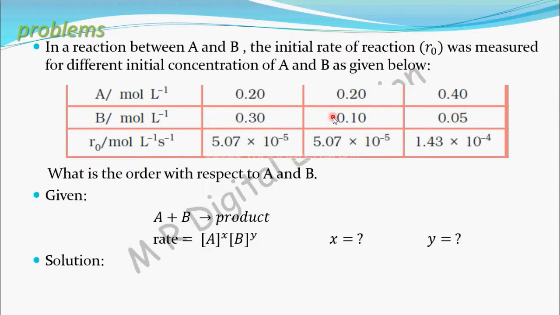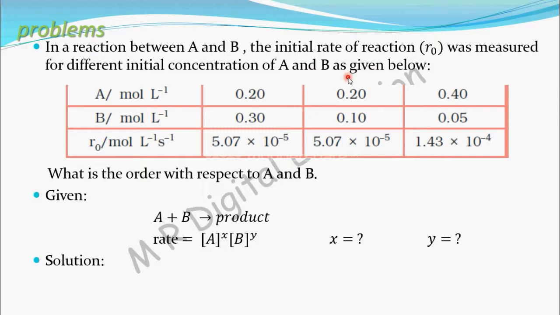Now concentration of A is kept constant and concentration of B is varying, so rate will change only with respect to reactant B.